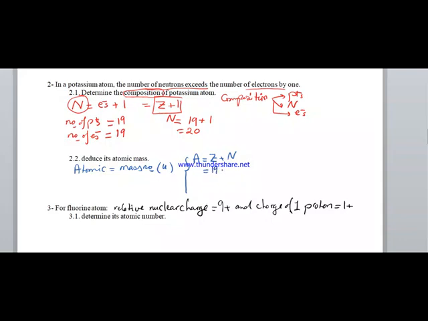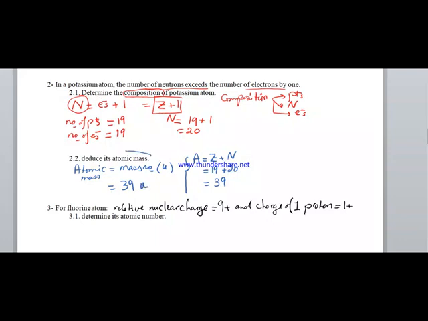Z is equal to 19 and N is equal to 20, so the mass number is 39. So the atomic mass is equal to 39 unit U.